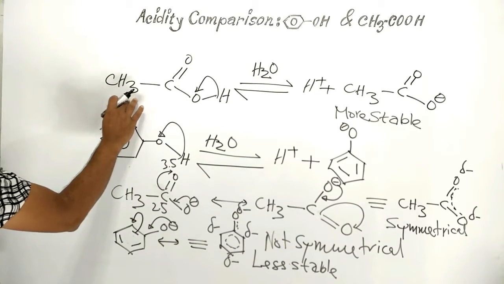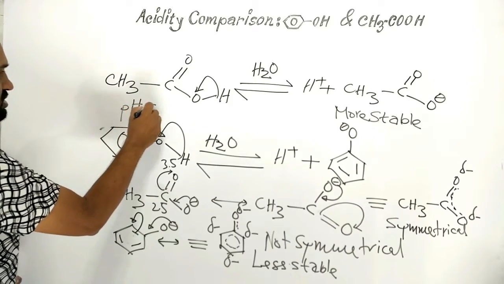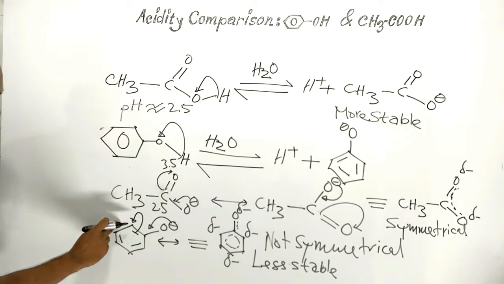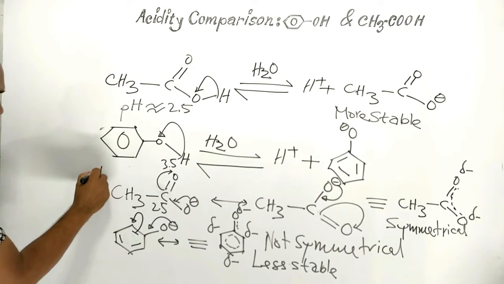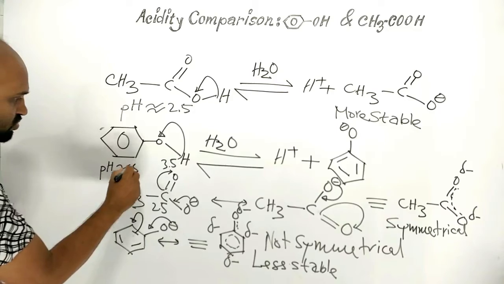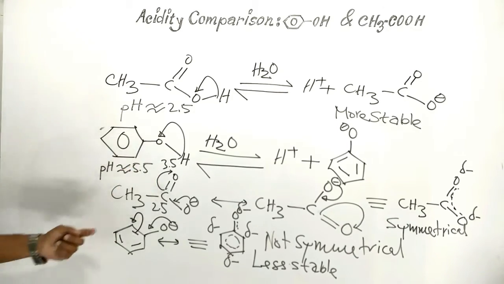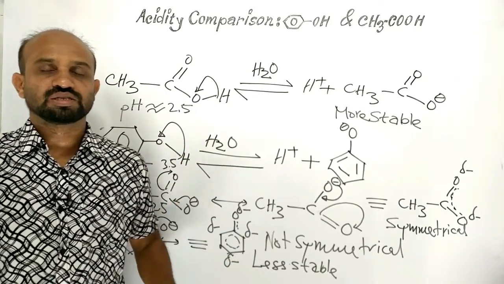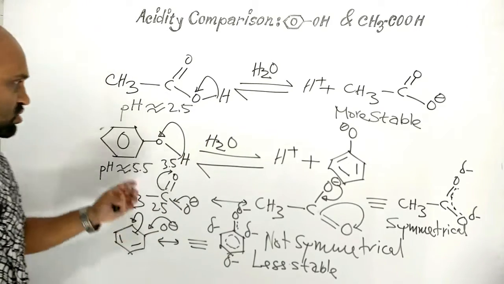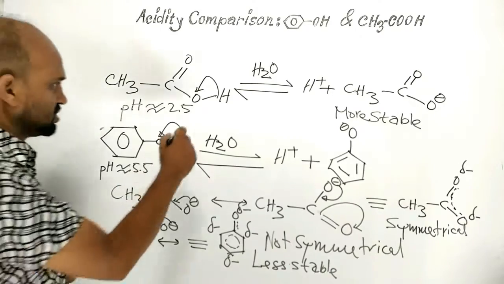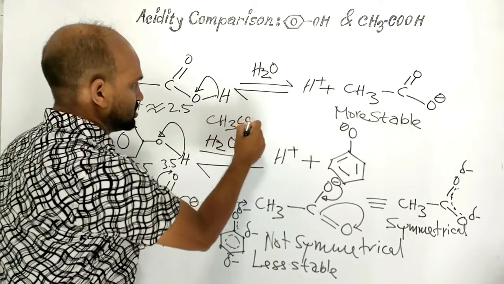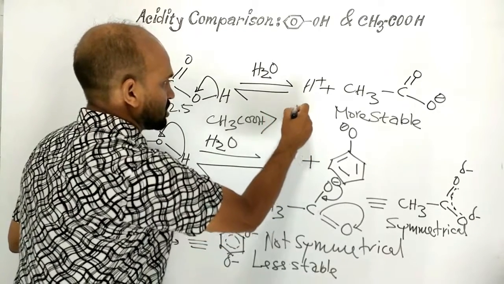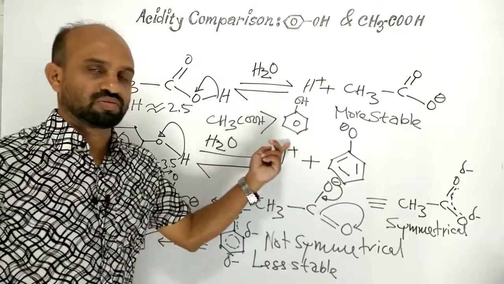Again, the pH of acetic acid is around 2.5 and the pH of phenol is around 5.5. We know the lower the pH value, the stronger the acid. So simply we can say that acetic acid is a stronger acid than carbolic acid or phenol.